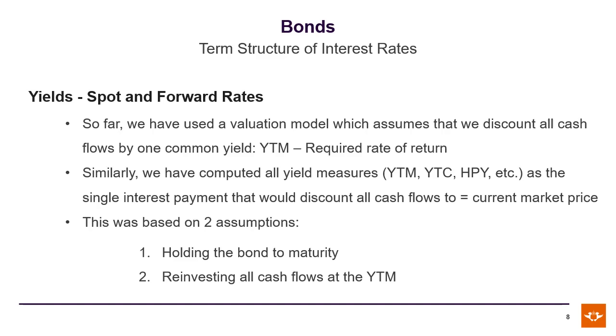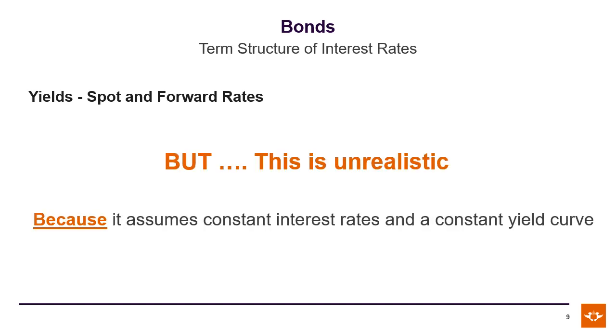And in doing so, we made two basic assumptions: that the bond was to be held to maturity, and that all cash flows would be reinvested at the yield to maturity and other relevant yields. However, we're now going to go forward and vary these assumptions. And we're going to vary these assumptions because they are unrealistic and is based on the assumption that the yield curve is flat, which it may not be.